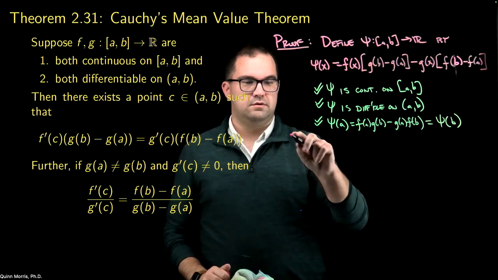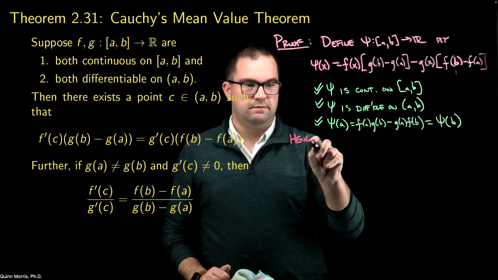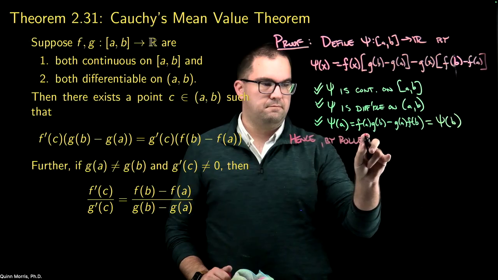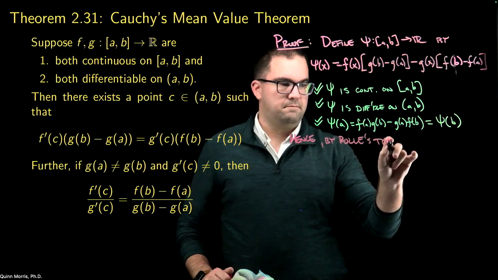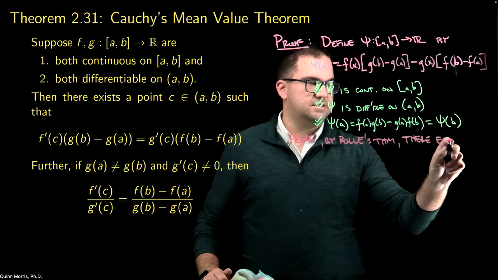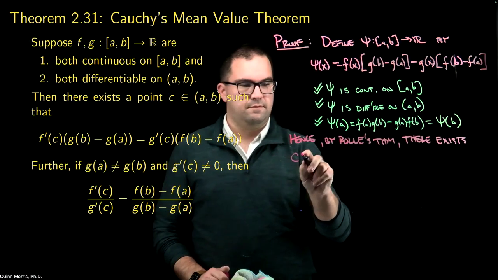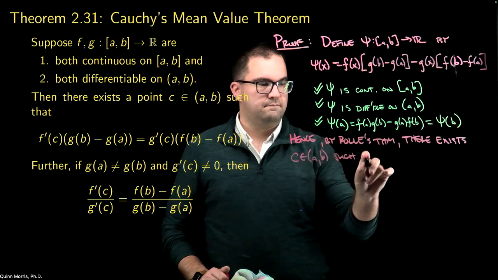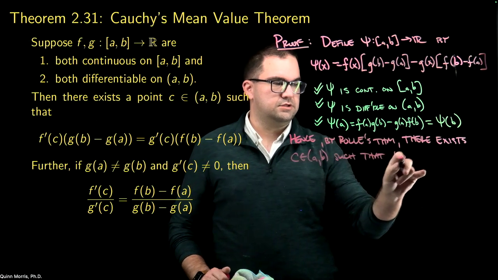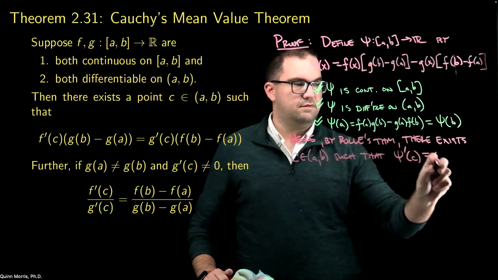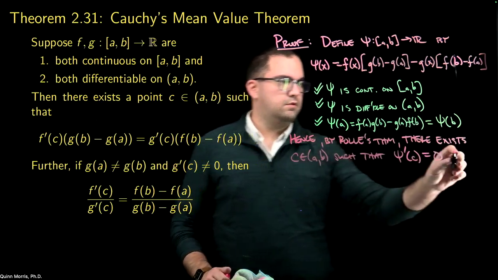Okay. So hence, by Rolle's theorem, there exists a c in the open interval (a,b) such that psi prime of c is equal to 0.